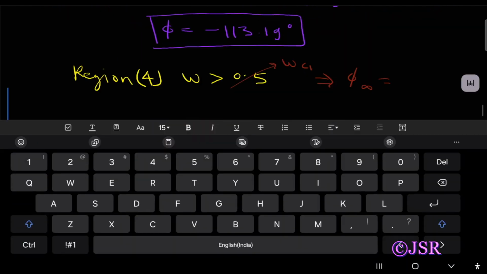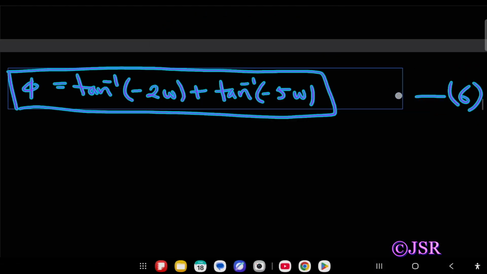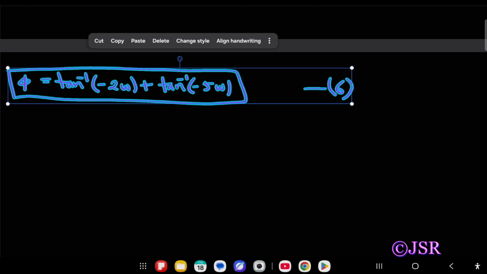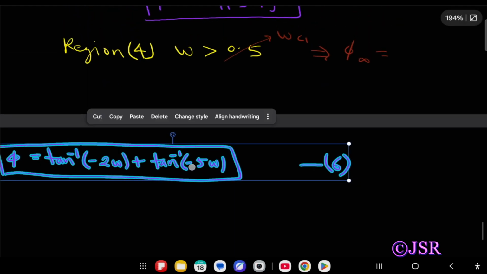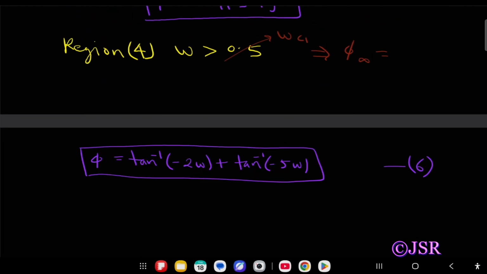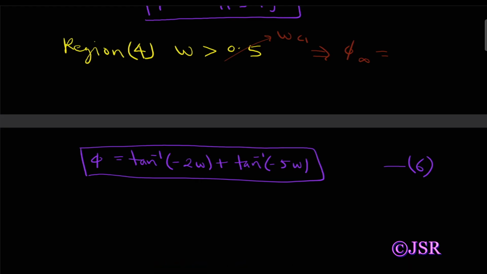Here we will again copy the phase expression and we will put phi equal to minus tan inverse infinity minus tan inverse infinity.